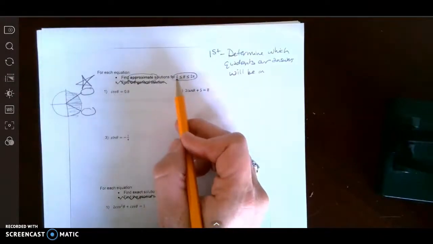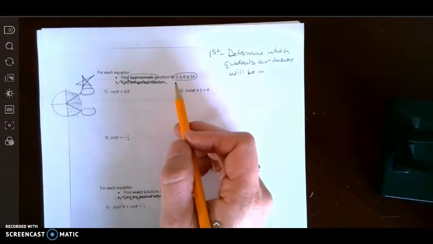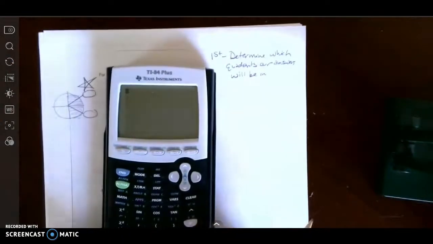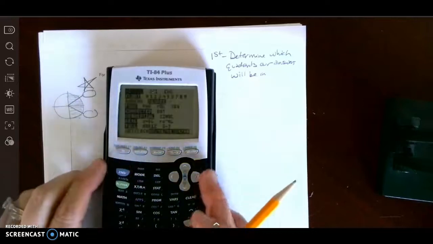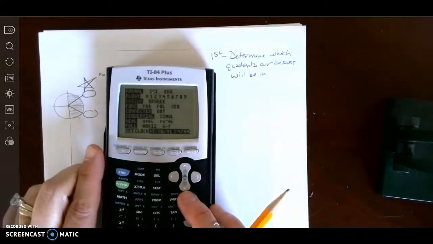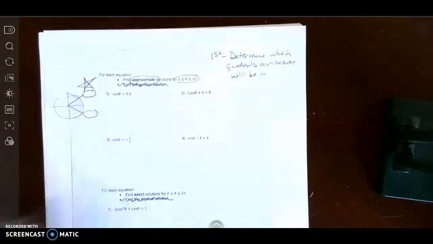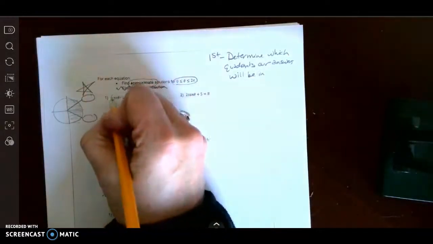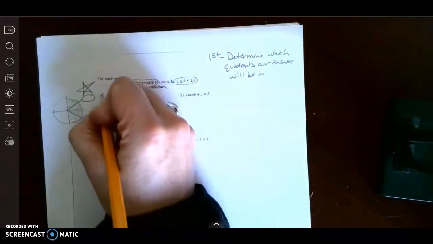And because it says between 0 and 2 pi, I need to make sure right now that my calculator is in radians. I'm going to turn my calculator on, go to mode, and move it to radians so that it's ready to go. All right. So on this first one, I just need to take the inverse of each side.